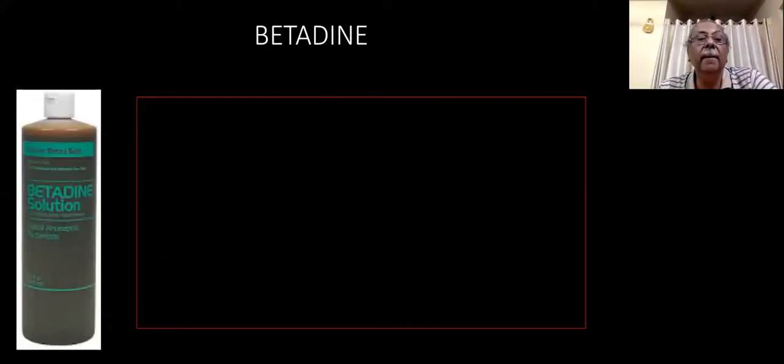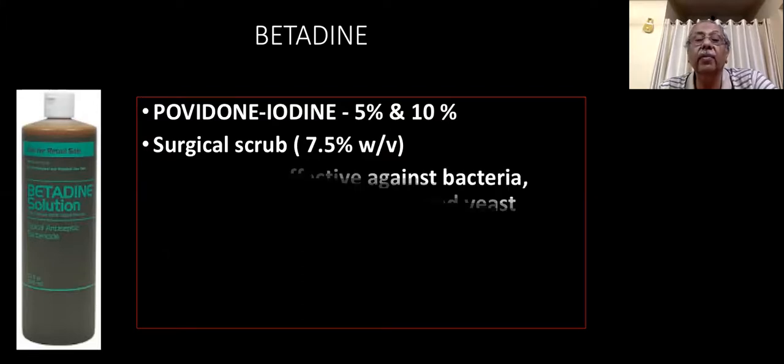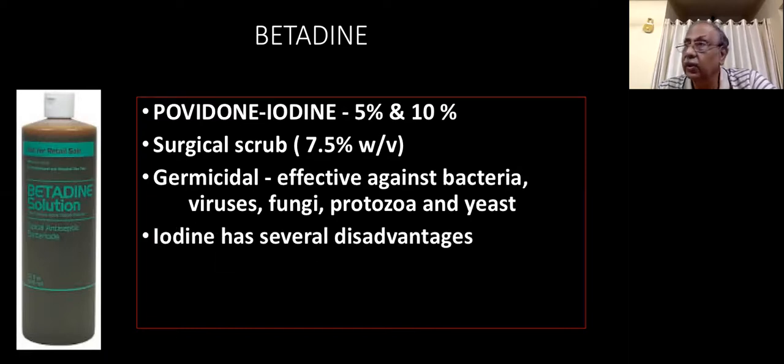Then Betadine is another solution which we all use daily. What's the concentration? It is 5% and 10%, but in the scrub it is 7.5%. It is germicidal, with effect against bacteria, virus, fungi, protozoa, and yeast. Iodine is much cheaper, so why are you not using iodine?